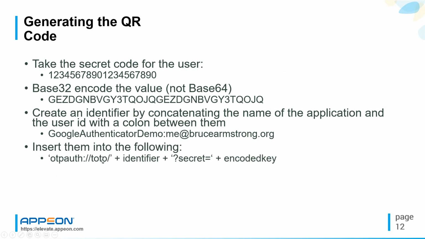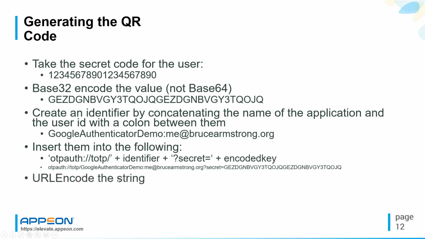Okay, so you get the TOTP, the identifier is this piece right here, the Google Authenticator Demo, colon, email address, and then behind that add a question mark, secret equals, and then the base 32 encoded key value. So this is what we end up with once you plug all those in.